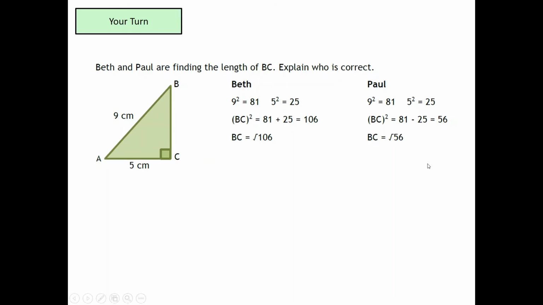Okay, what you would have noticed is because they're working out the shorter side, Paul is correct because you subtract the two values when you are working out the shorter side. So Beth, unfortunately, got it incorrect because she decided to add at that point. Okay, so when you're working out the shorter sides, you need to subtract.